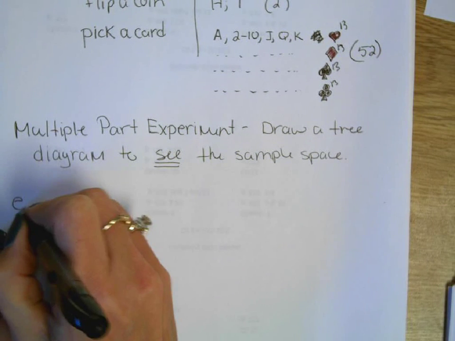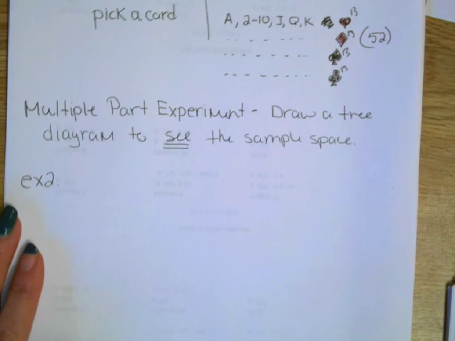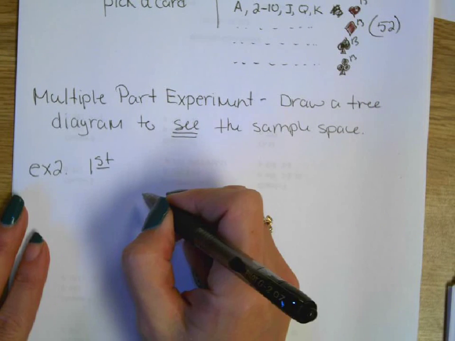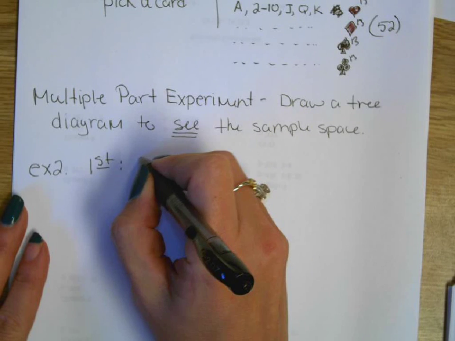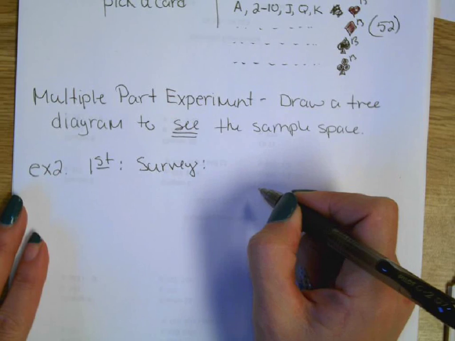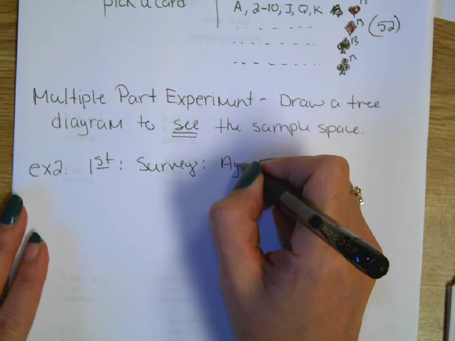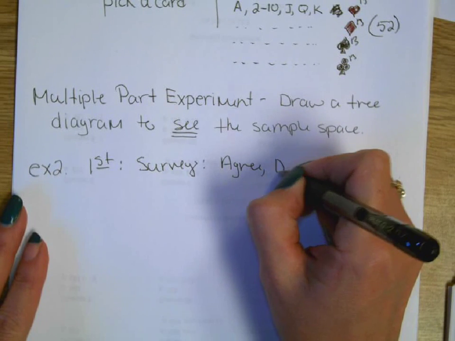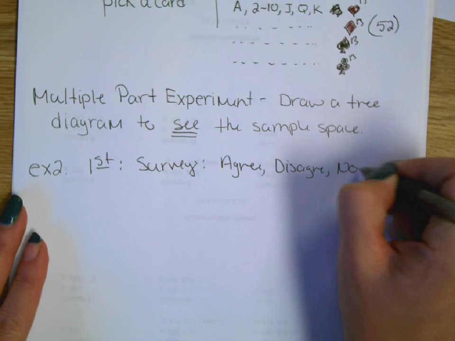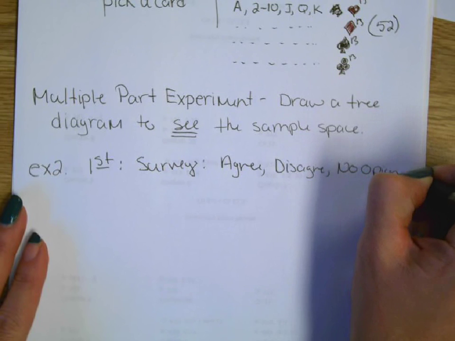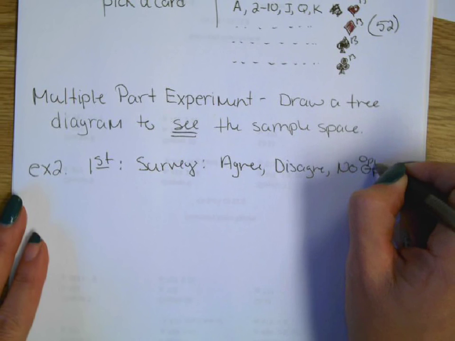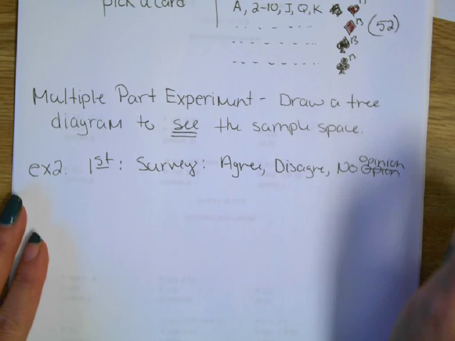So our second example, we're going to do a multiple part experiment. Okay, the first part of your experiment is to give a survey to some randomly selected people. And on your survey, the person is either going to answer, I agree with your statement, I disagree with your statement, or I have no opinion.